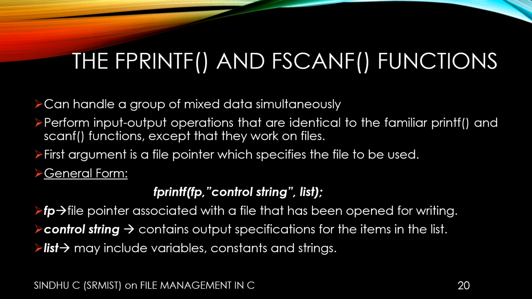Let's take the general form of fprintf. Here you have three parameters: fp, then the control string and the list. fp is the file pointer associated with the file that has been opened for writing. Control string contains output specifications for the items in the list, such as %d or %s, %c. The list may contain variables, constants, and strings. In the forthcoming slides, we'll see some examples.